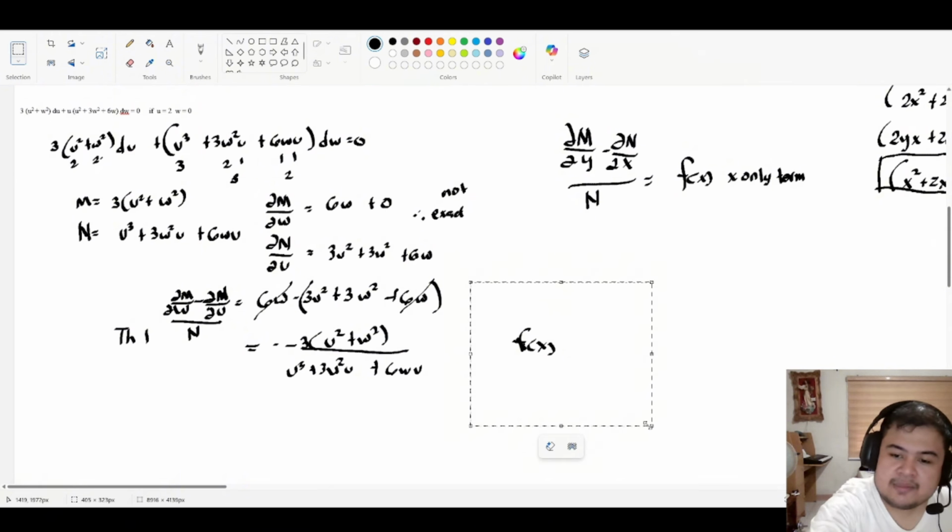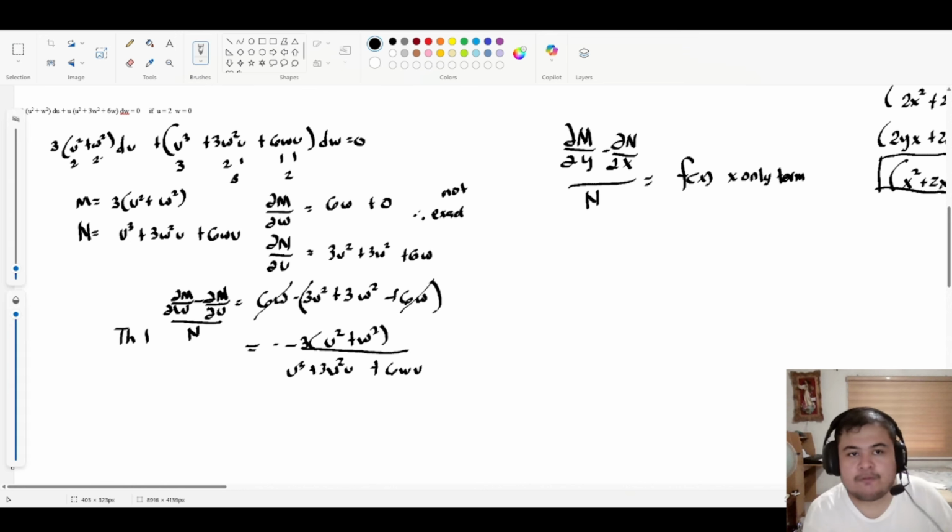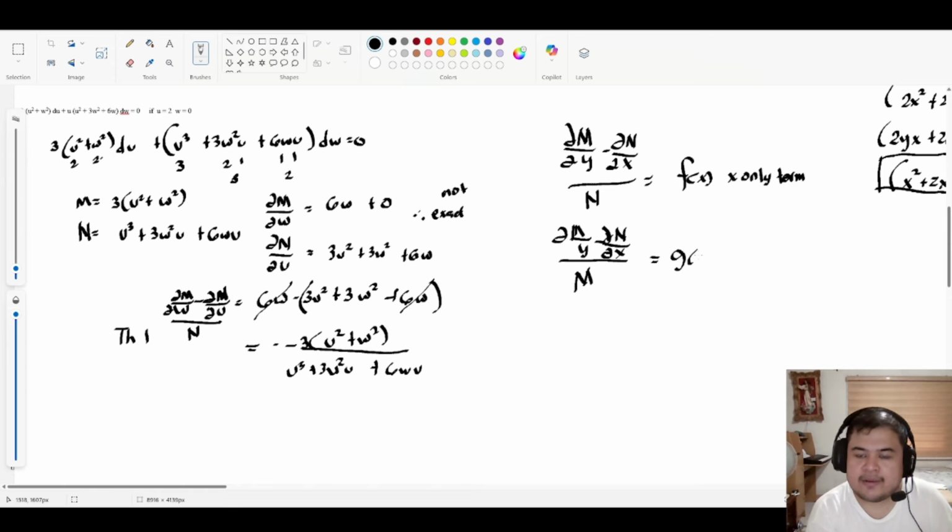For theorem number 2, using that same formula, if we divide that by M and it becomes a y-only term, that can also be transformed into an exact equation.